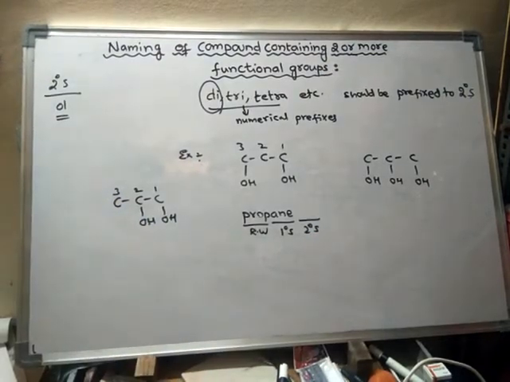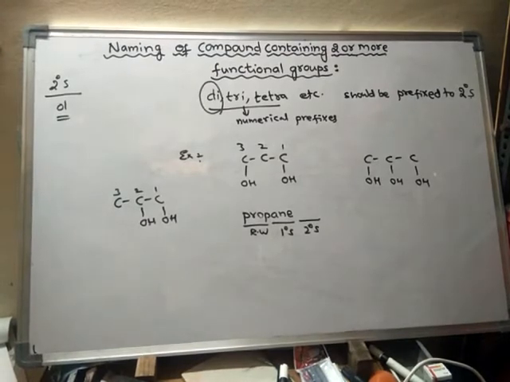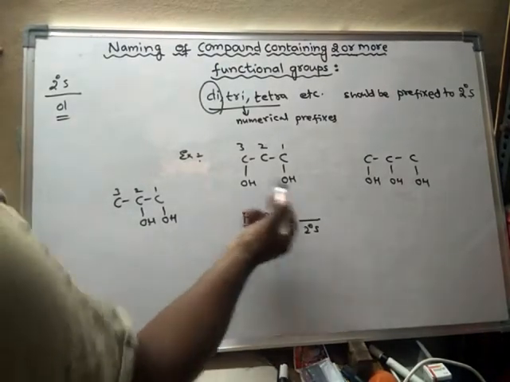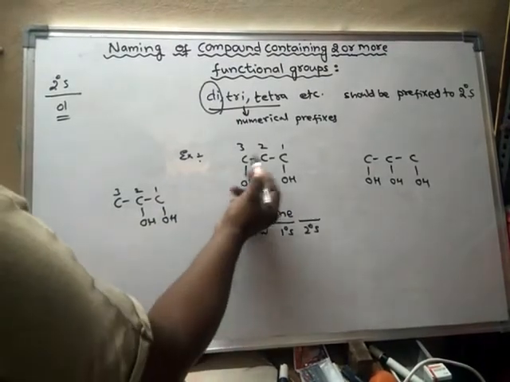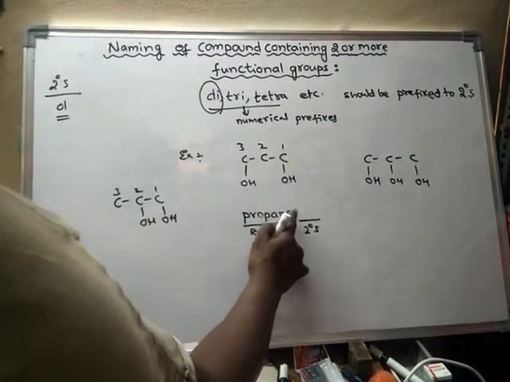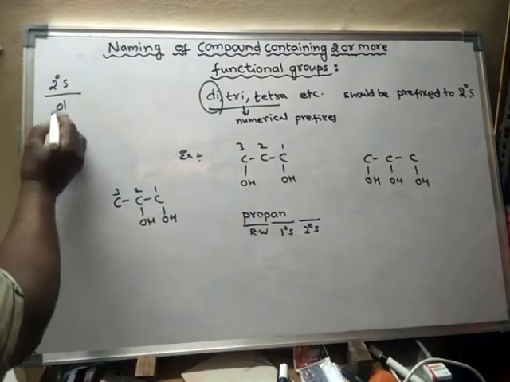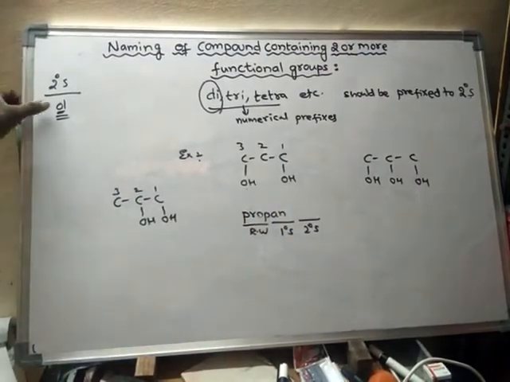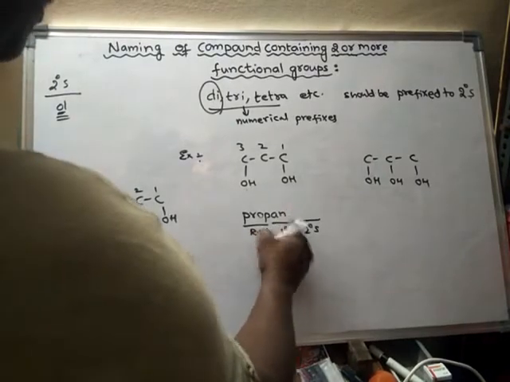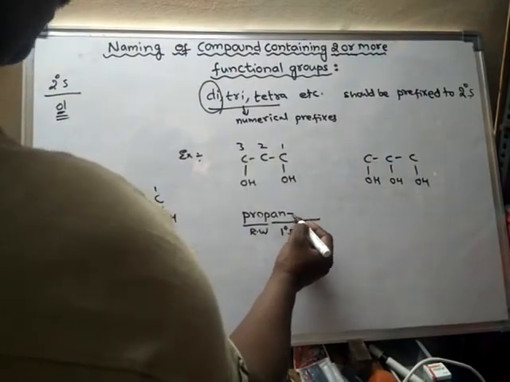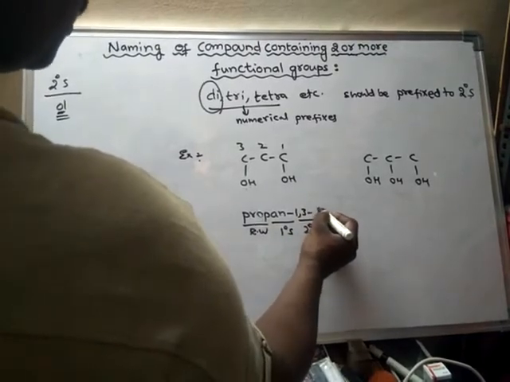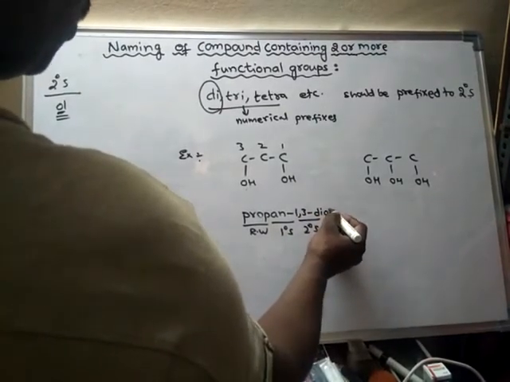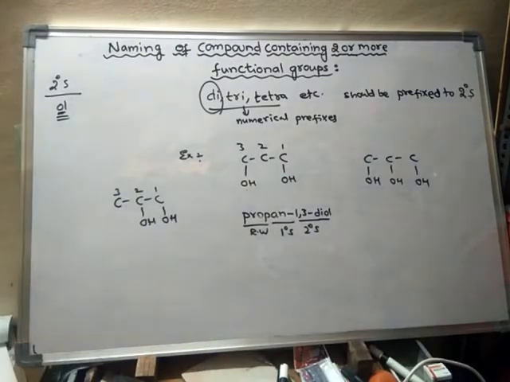When some functional group is present, the secondary suffix is said to be present. Now alcohol, ol. How many ols? Diol, on which carbons? First and third carbon. So remove this E, because ol starts with a vowel. On the first carbon and on the third carbon, two ols are present, hence diol.